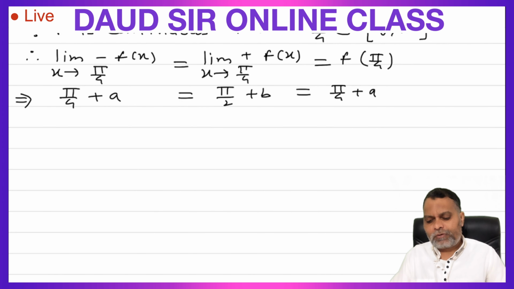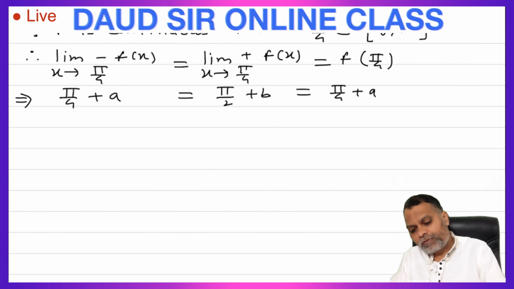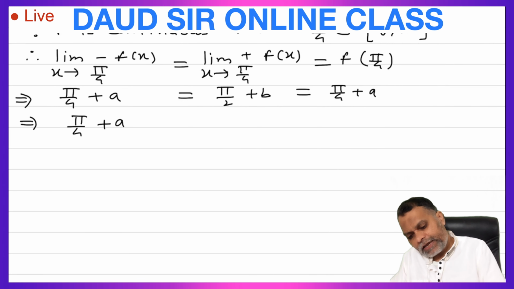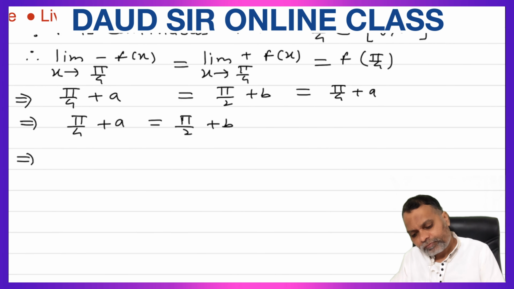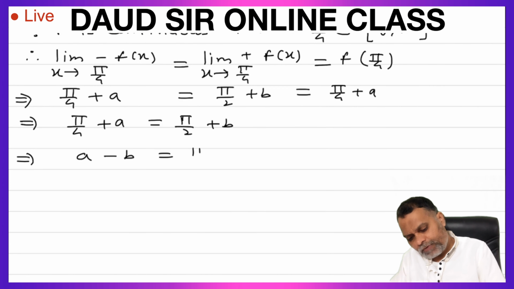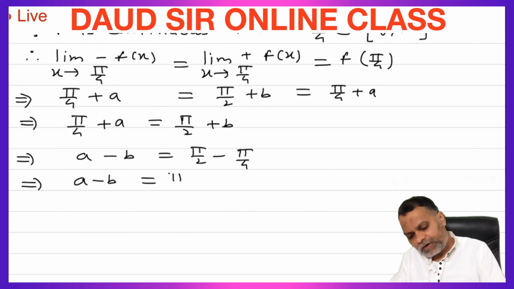So take two parts equal: pi by 4 plus a is equal to pi by 2 plus b. Simplify this. Shift this b this side: a minus b is equal to pi by 2 minus pi by 4, which implies a minus b is equal to 90 minus 45, 45. Let's suppose this is equation first.